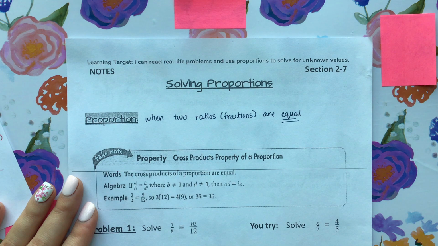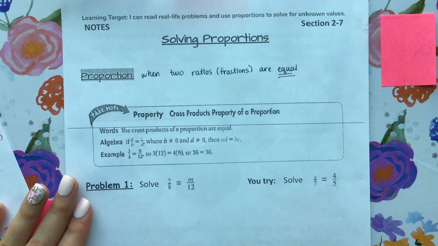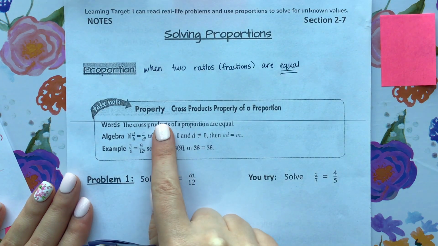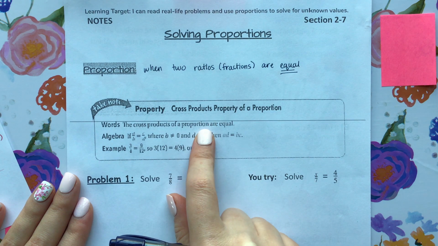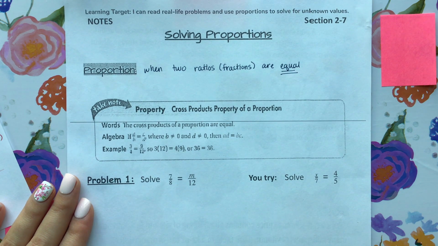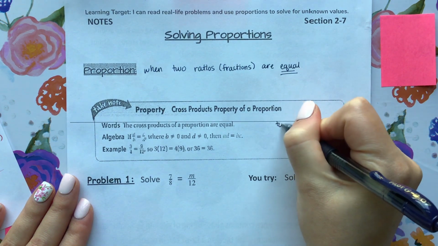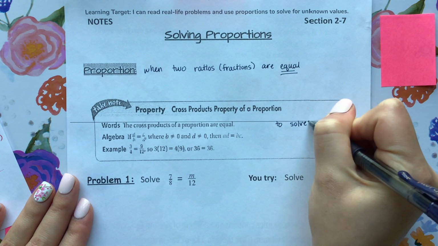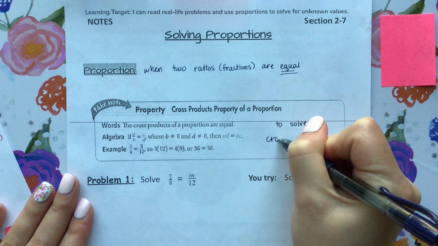between them. So here we have a property of proportions, and it says cross products of proportions are equal. You guys already know that. So the way we solve proportions, basically what this is telling you is we need to cross multiply.